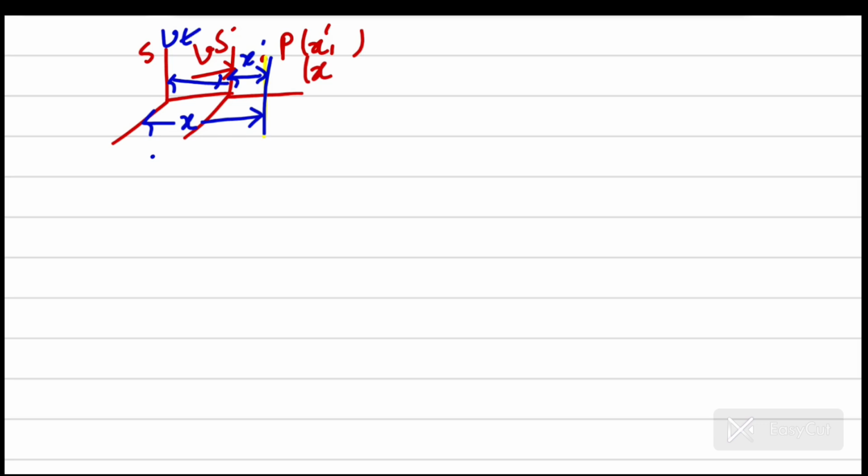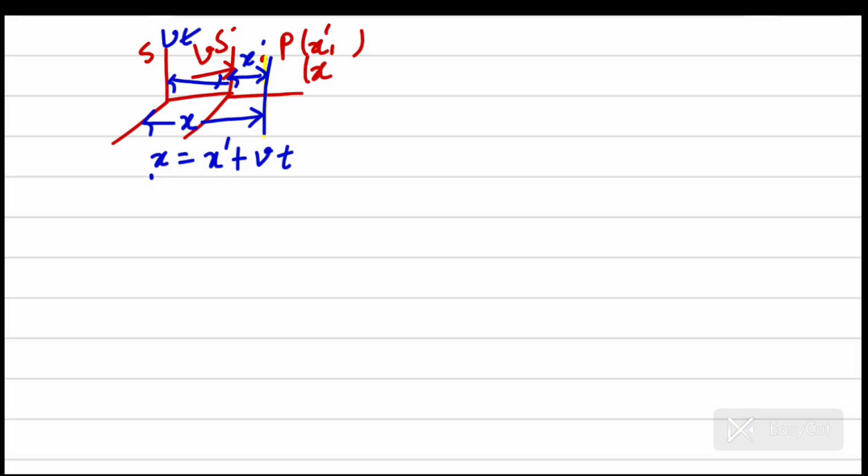So from this picture we can say that the total distance X is equal to X prime plus Vt, and keep it in mind that in Galilean transformation, the spatial distance between 2 points and the temporal gap, the time interval between two events, is absolute. It is independent of any reference frame, so it is invariant everywhere.